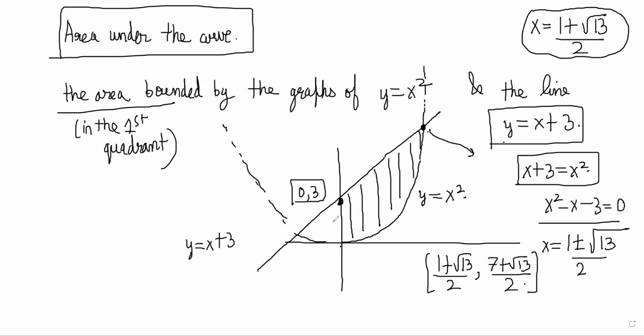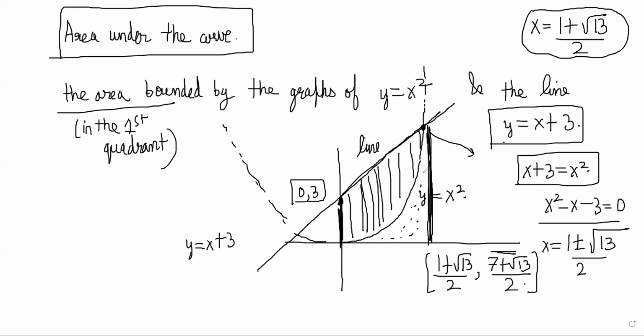Now the way to calculate the area would be using integrals. How can we do it? We can say the upper limit will be (1 + root 13)/2. The upper limit is not y, it is always the value of x. Do you understand what I'm saying? So x's value is (1 + root 13)/2. Because we need only the shaded area, you have to take the full area under the line and subtract the dotted area.